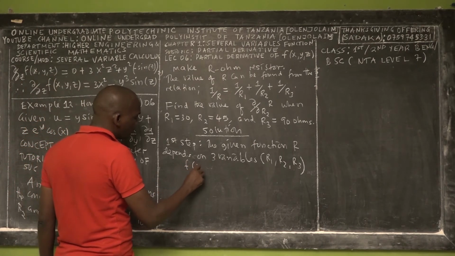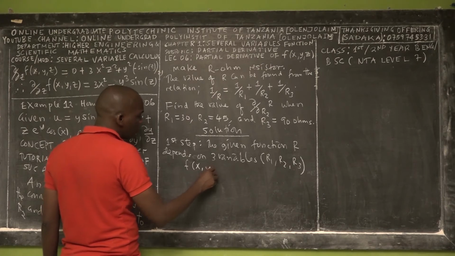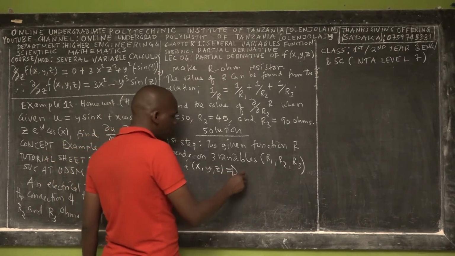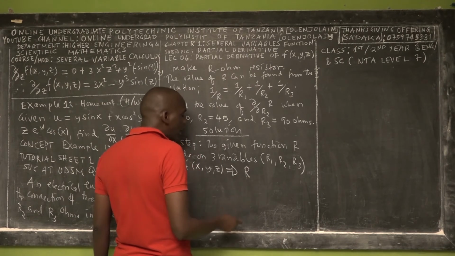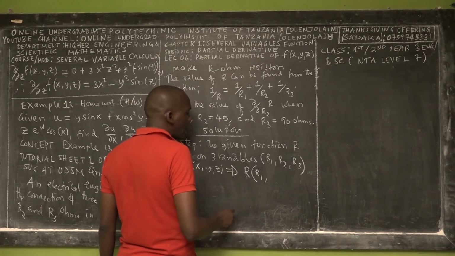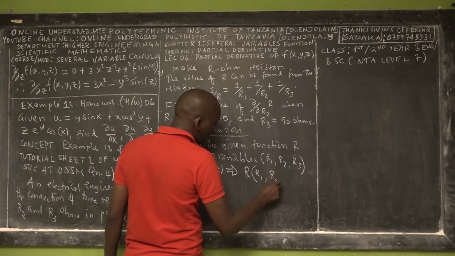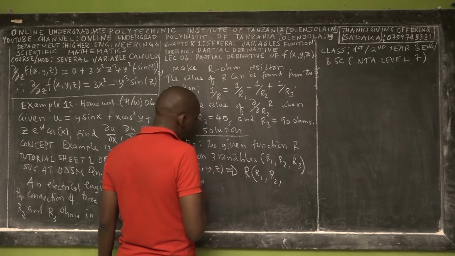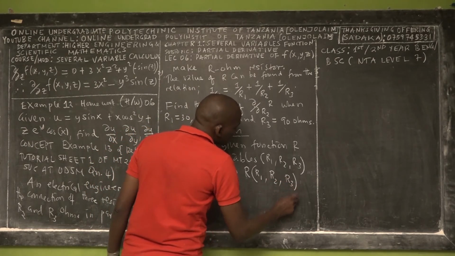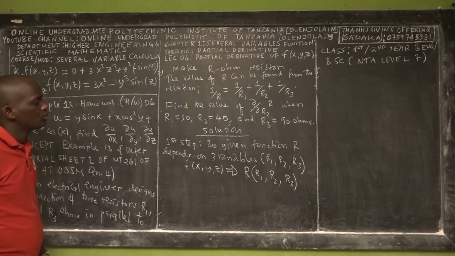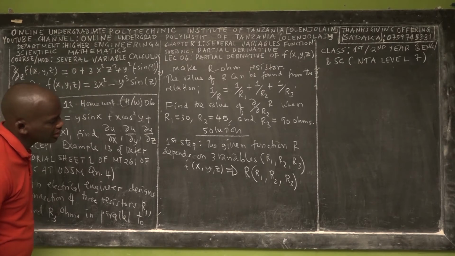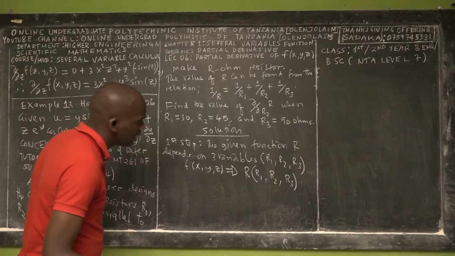So from what you know, f of x, y, z, you have to transform that. Instead of f today we have R, and x is equivalent to R1, y is equivalent to R2, and z is equivalent to R3. That's the concept you have to understand. So it means that it's R of R1, R2, and R3.